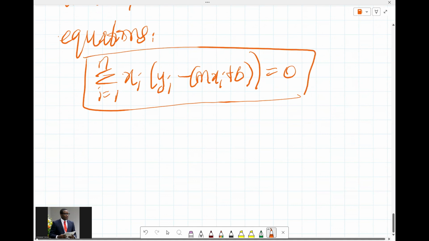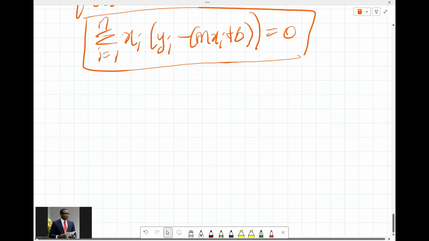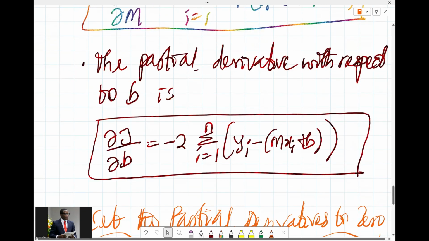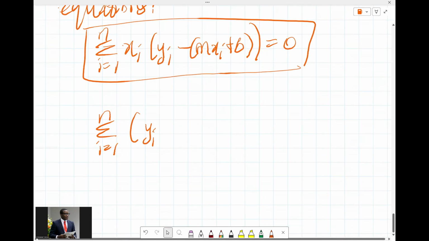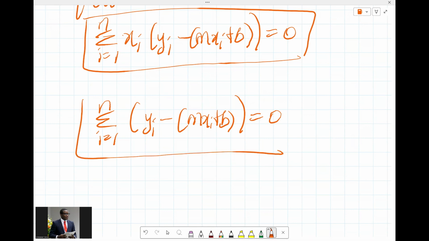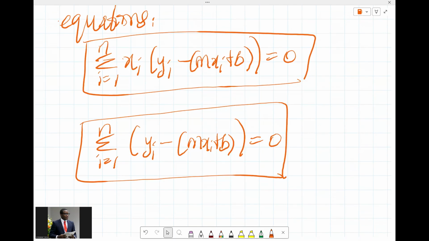Then we also have summation from i equals 1 to n of yi minus mxi plus b, because for this other one too, -2 cancels out, and all of that again is equal to 0. So you have these two now. That's the second step.